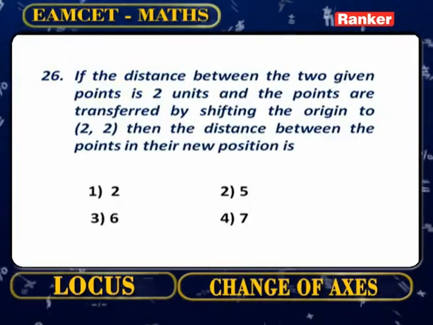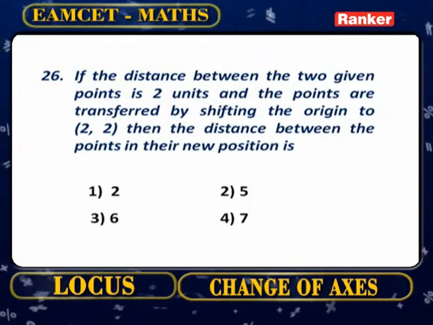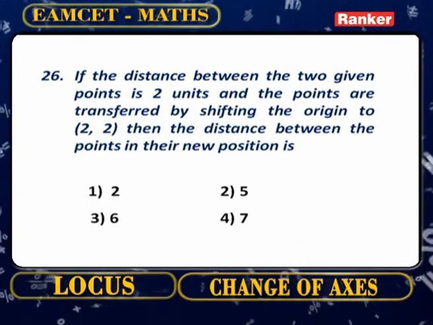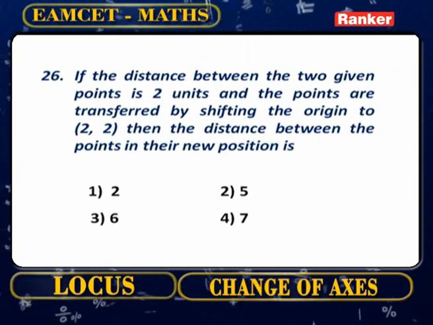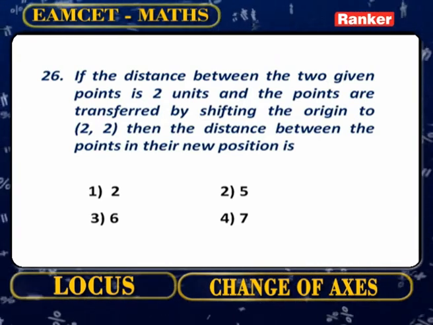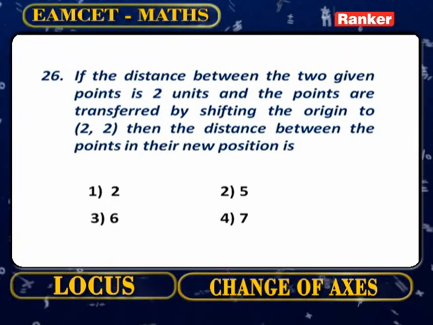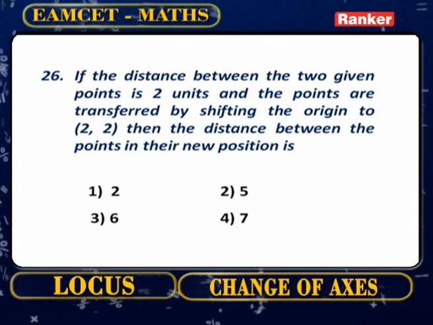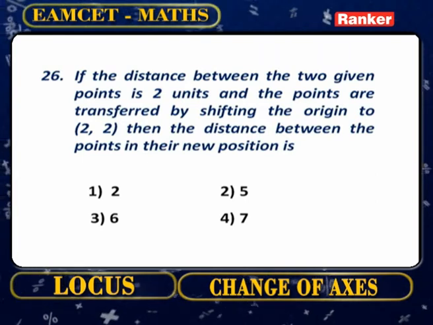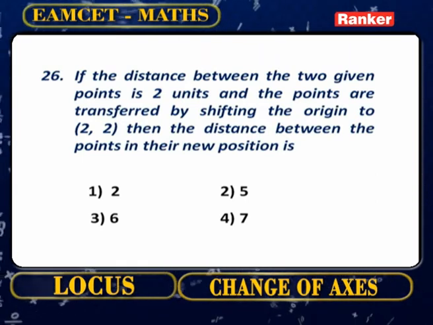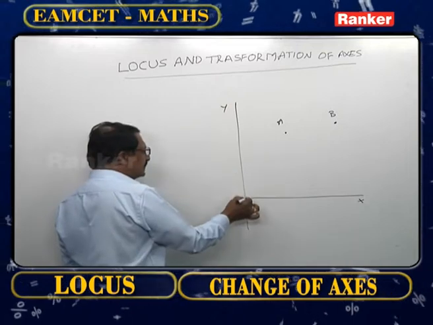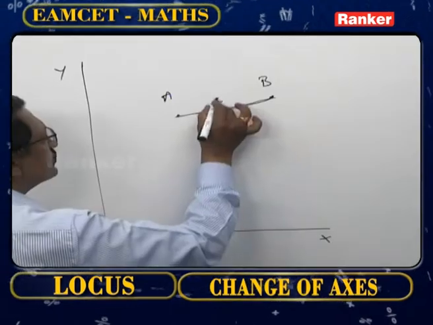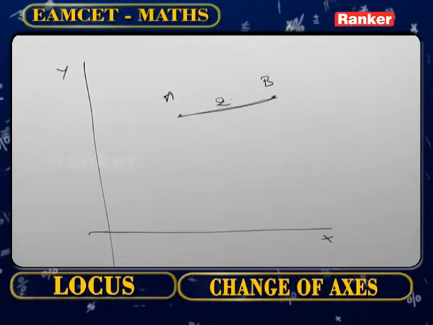Next. If the distance between two given points is 2 units and the points are transformed by shifting the origin to (2, 2), what is the distance between the points in their new position? Suppose A and B are two fixed points with respect to the original axes, and the distance between A and B is 2 units.